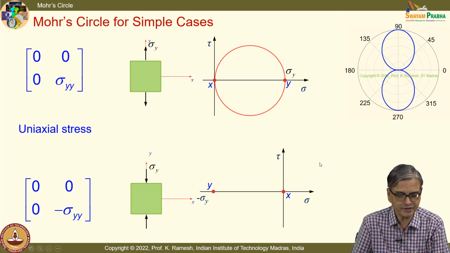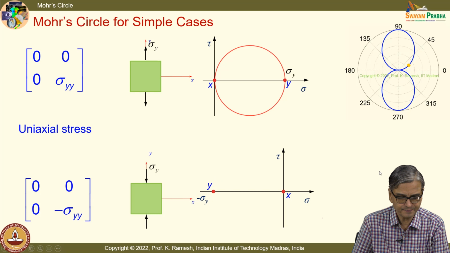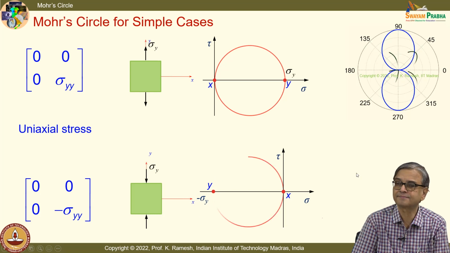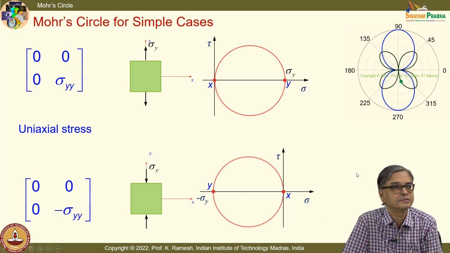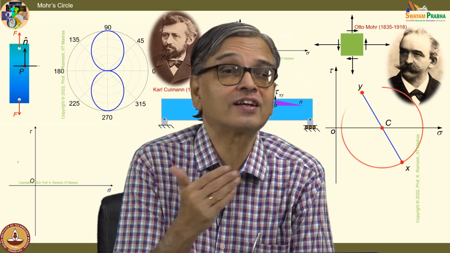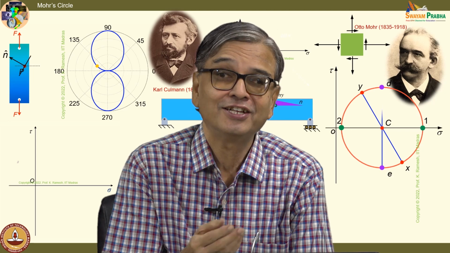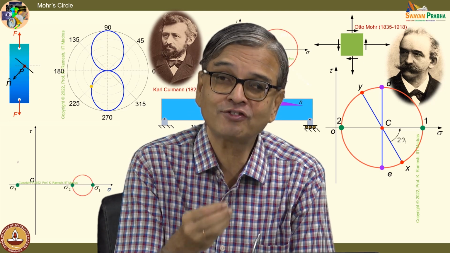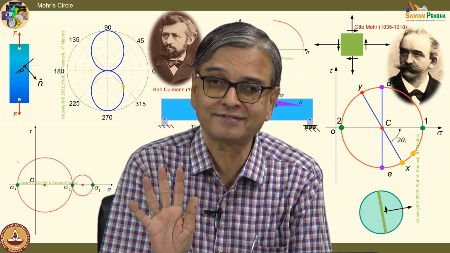So, I have the y plane, which is determined by the magnitude of the compressive stress, and then simply draw a circle. Because you do not have to worry what is the nature of the curve. We will prove the nature of the curve will always be a circle.